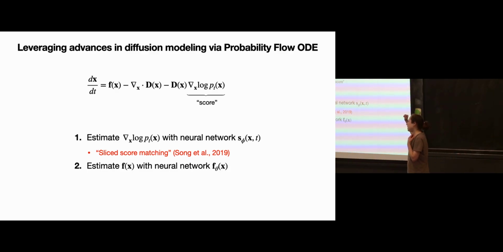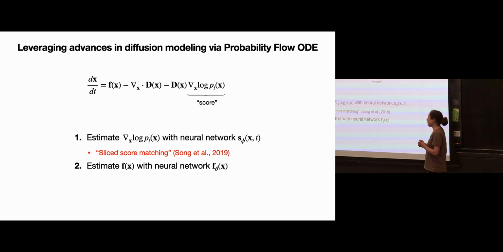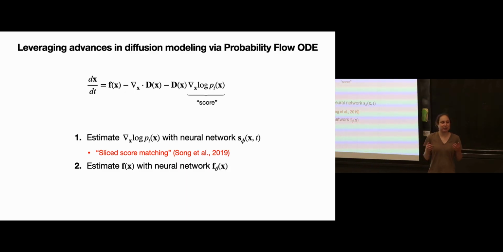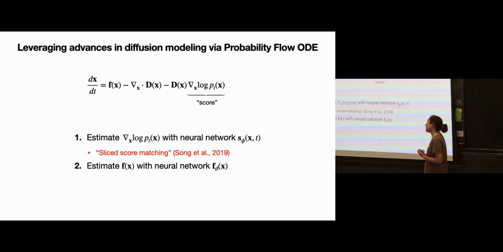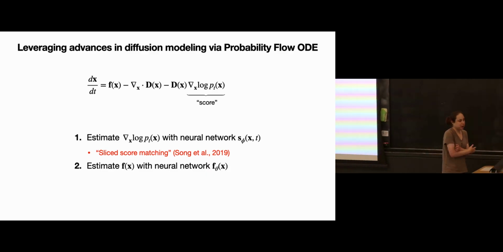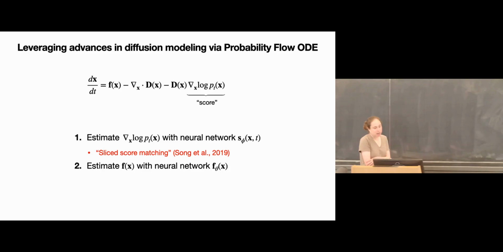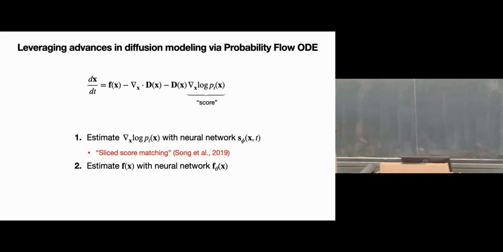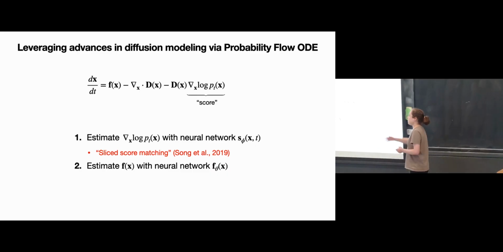One of the ways of doing this, which to my knowledge is typically used in DALL-E and these AI diffusion models, is called sliced score matching. The main paper is from 2019, and I'm not going to go into the details, but there's now a way of training a neural network to estimate that function.